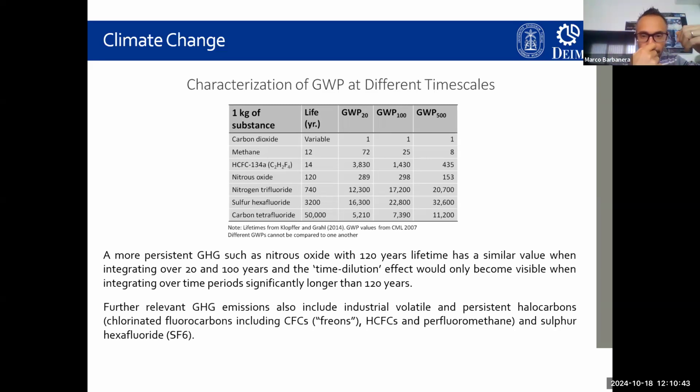So, for example, if we consider methane, we can see in the table that the lifetime of methane in the atmosphere is about 12 years.